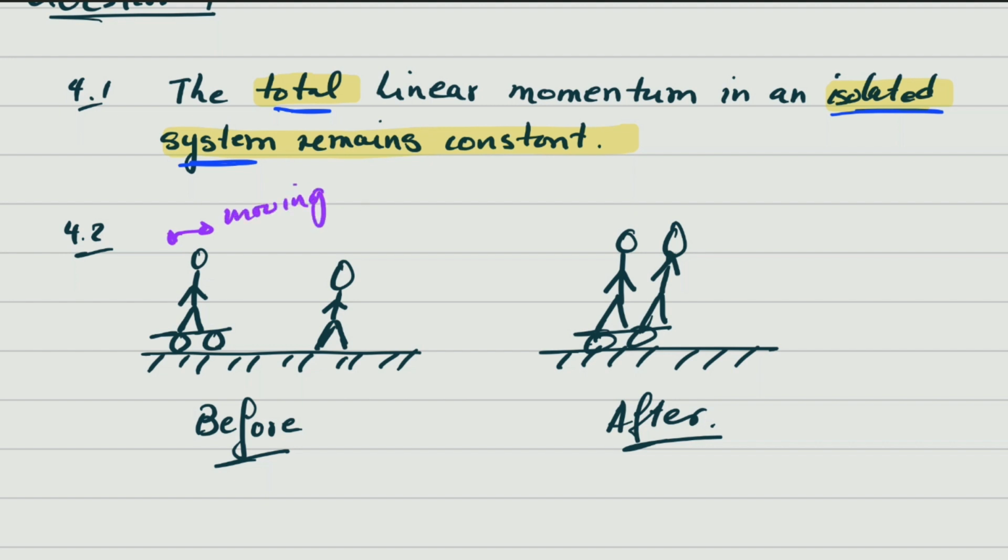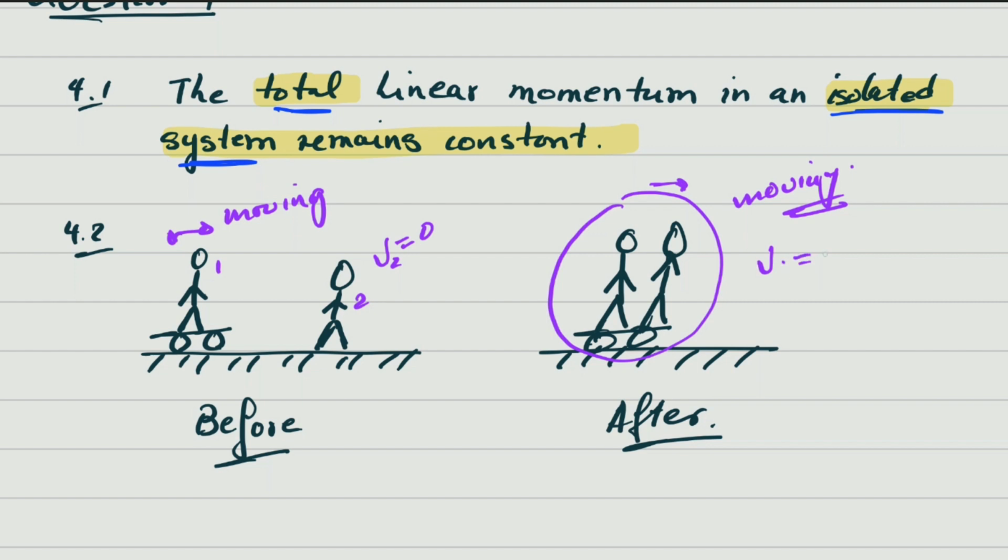It sees another boy who is not moving. We're going to call this one boy 1 and this one boy 2. So the initial velocity of boy 2 is 0. Then the two boys combined are going to be moving together, continuing in the same direction, and the velocity there is going to be equal to 2,4 meters per second.